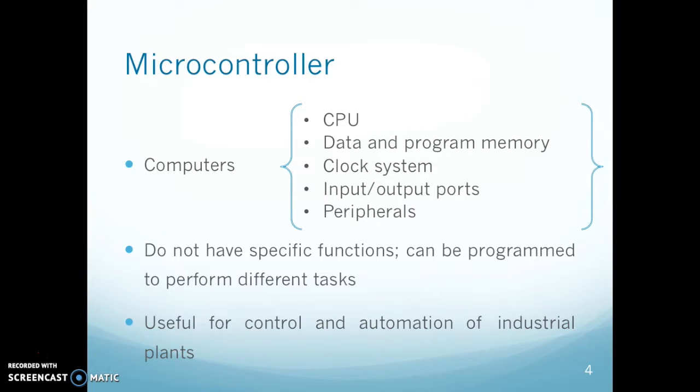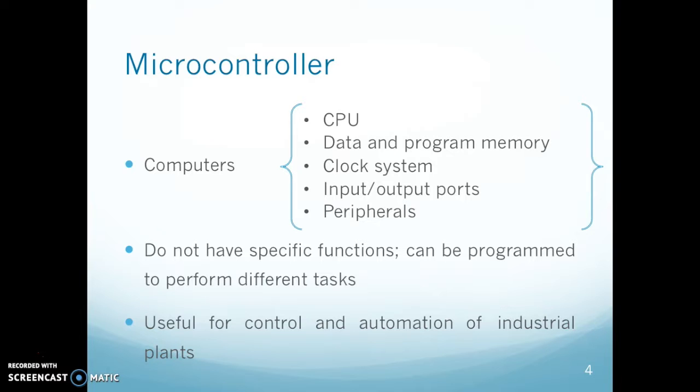Microcontrollers are basically a small computer consisting of a central processing unit, data and program memory, clock system, input and output ports, and many peripherals. Essentially, they're a set of hardware with software, and the main advantage of these microcontrollers is that they do not have specific functions, which enables them to be programmed to perform different tasks according to the interest and creativity of the programmer.